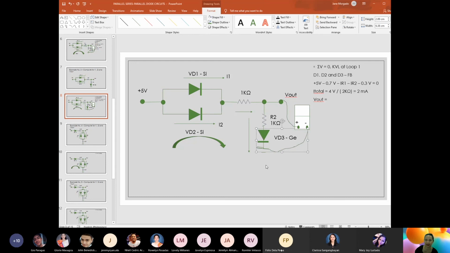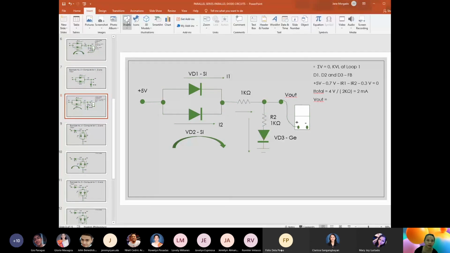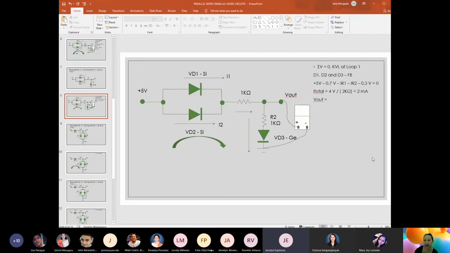Ito naman sa isa, dito sa ground. Nakabili na kayo ng VOM? Nakahiram na kayo? No, ma'am. After ng unit exam natin, mag-experiment na tayo, ha?